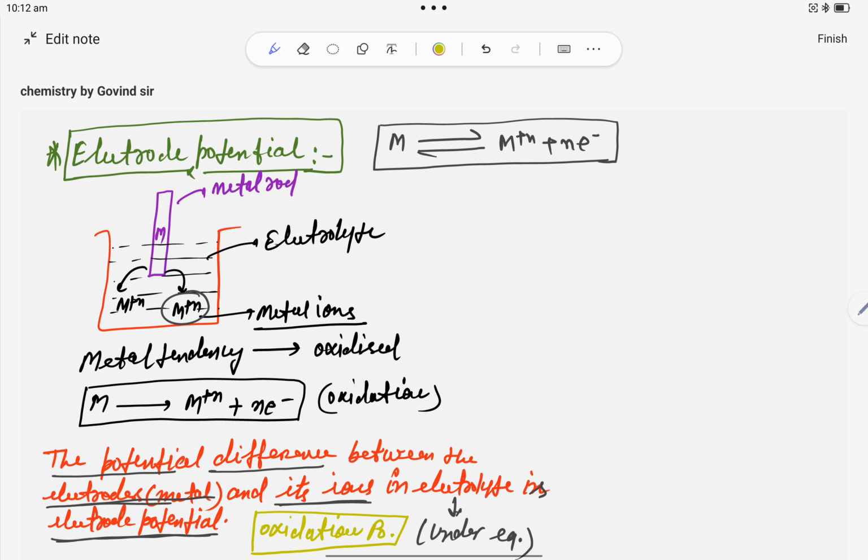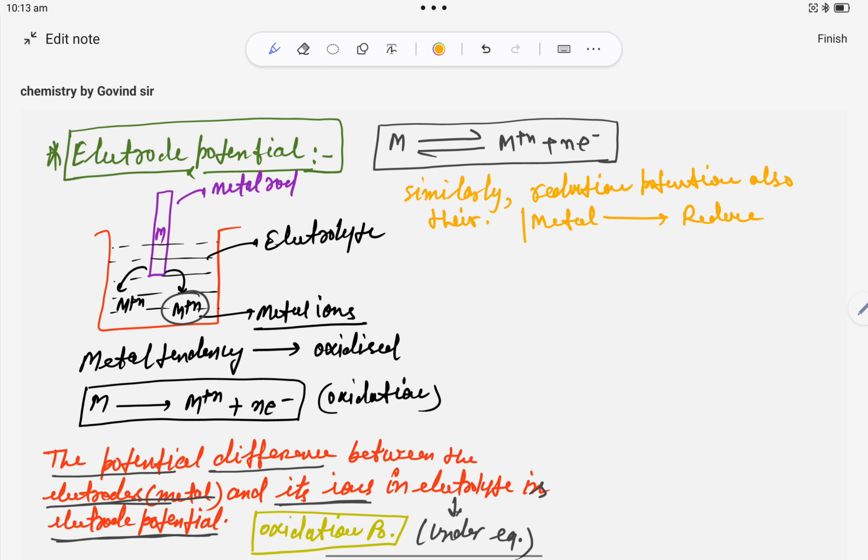So just like oxidation potential, similarly reduction potential is also there, when the metal tendency is to reduce.